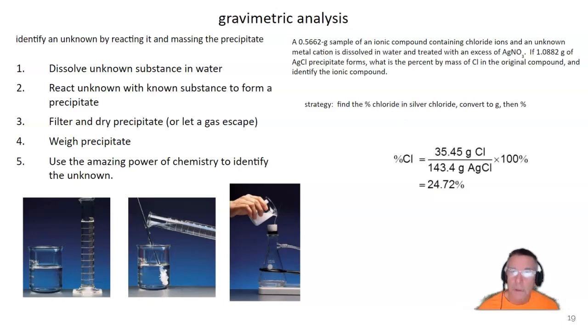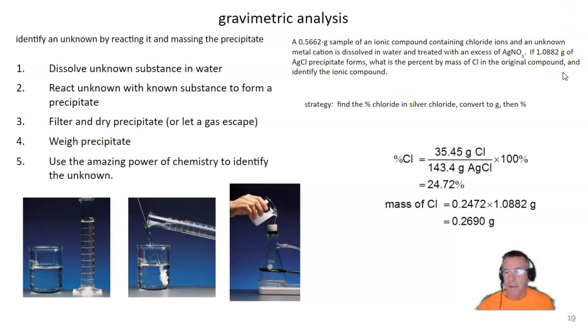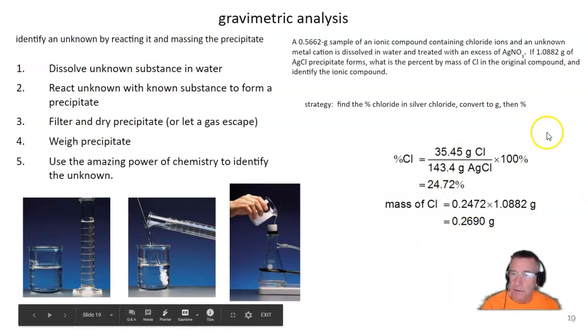So silver chloride always is 24.72% chloride by mass. And if that's true, and we had a 1.0882 gram sample, well, we know what the mass of chloride is. The mass of chloride is 0.2690 grams.